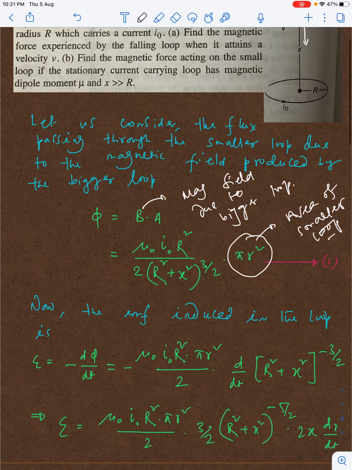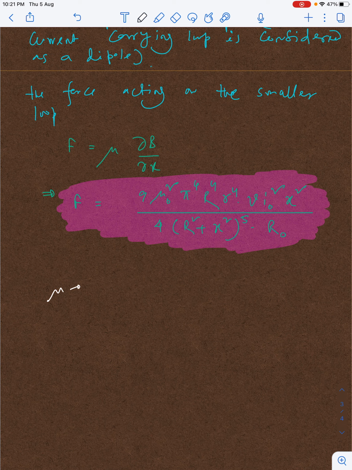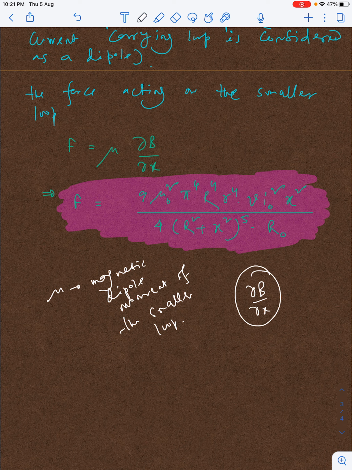This is the B value, the magnetic field of the bigger loop, and this mu, the magnetic dipole moment of the smaller loop, and del B by del x is basically the variation of B of the bigger loop with respect to x.